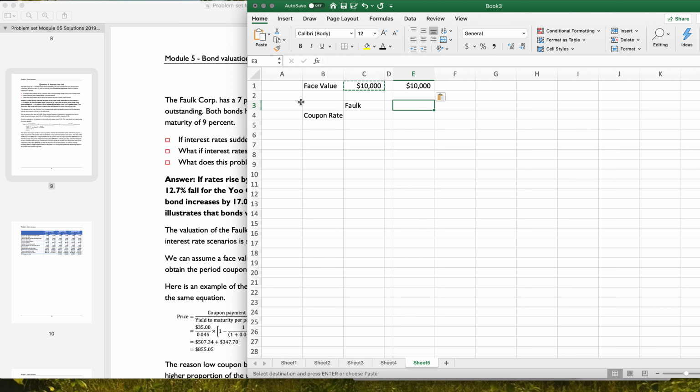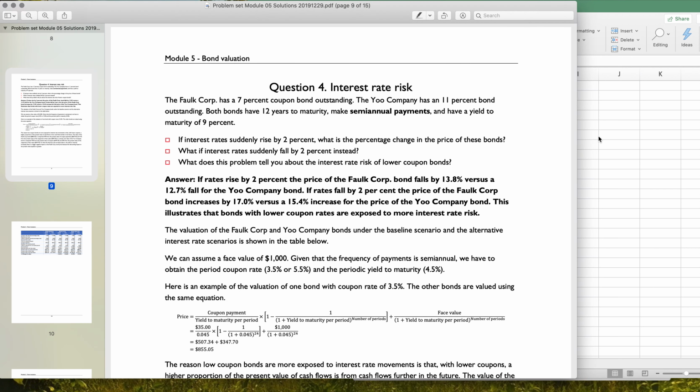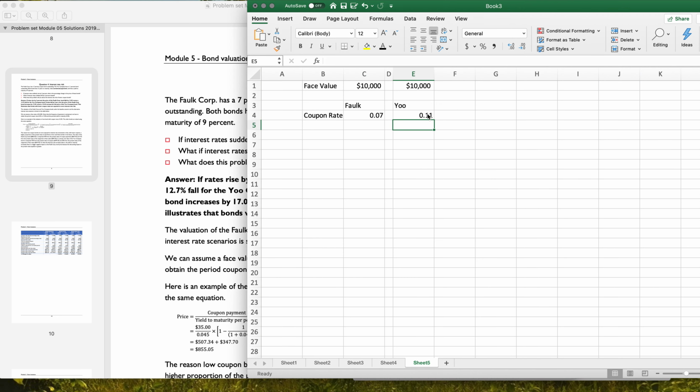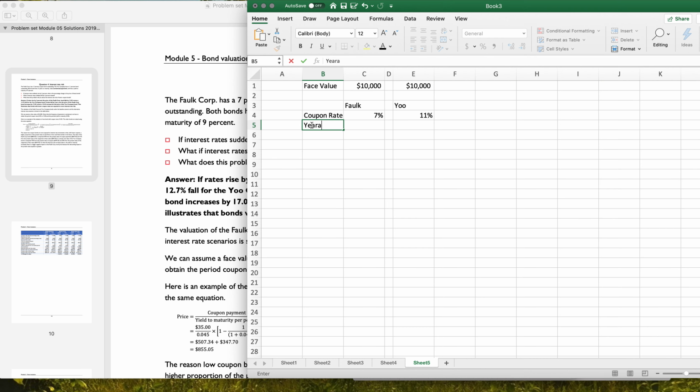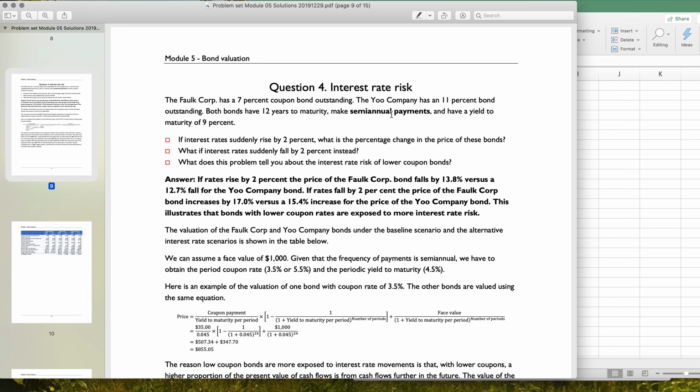Falk is one company and U is another. The coupon rate is 0.07 for Falk. The other one is 0.11. We can put this in percentage terms if we like. They both have years of 12. They make semi-annual payments.